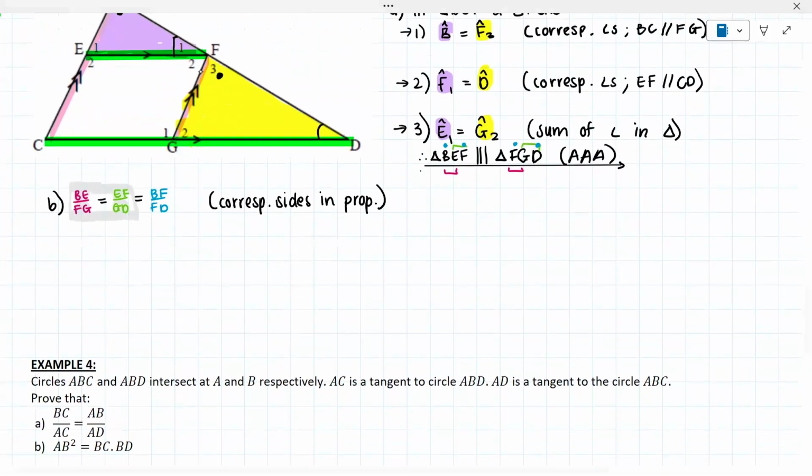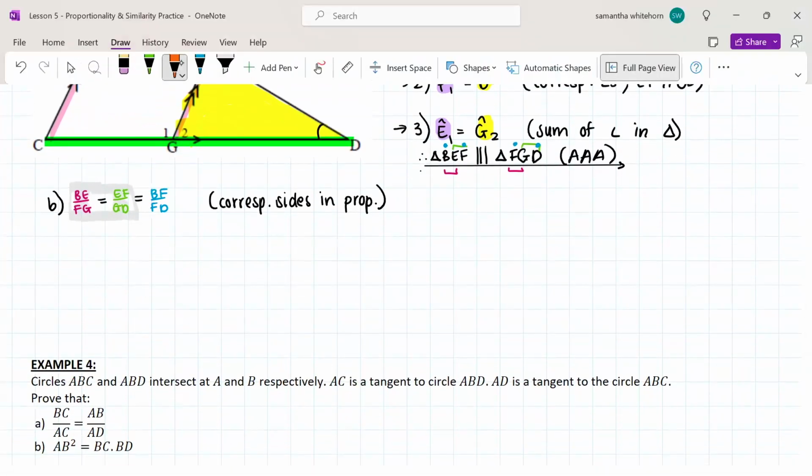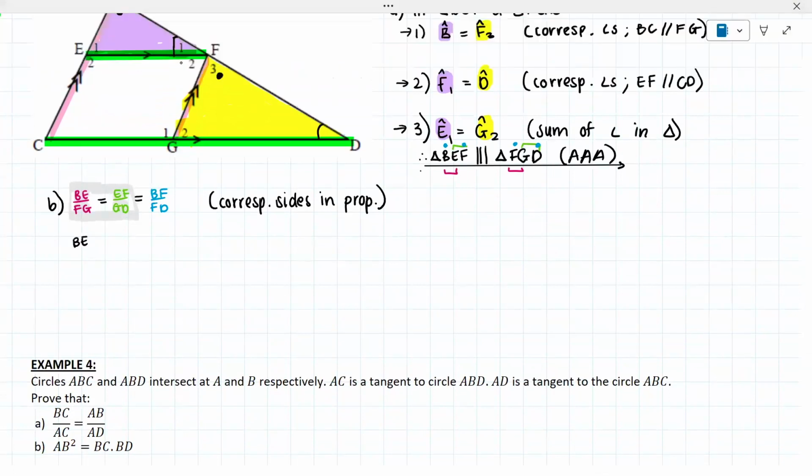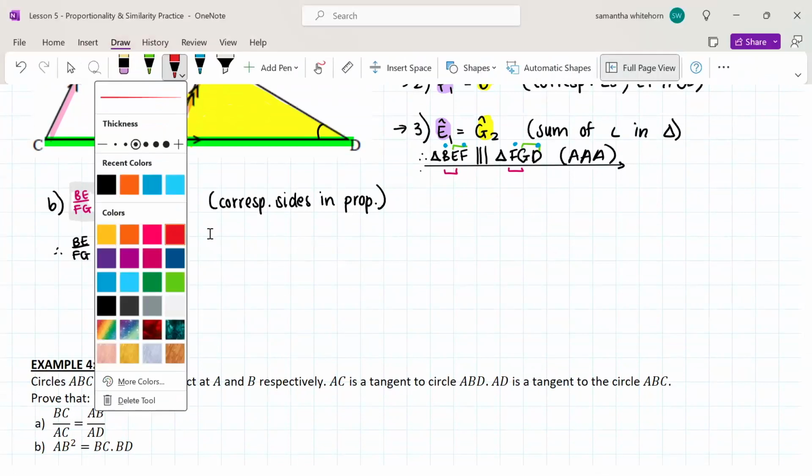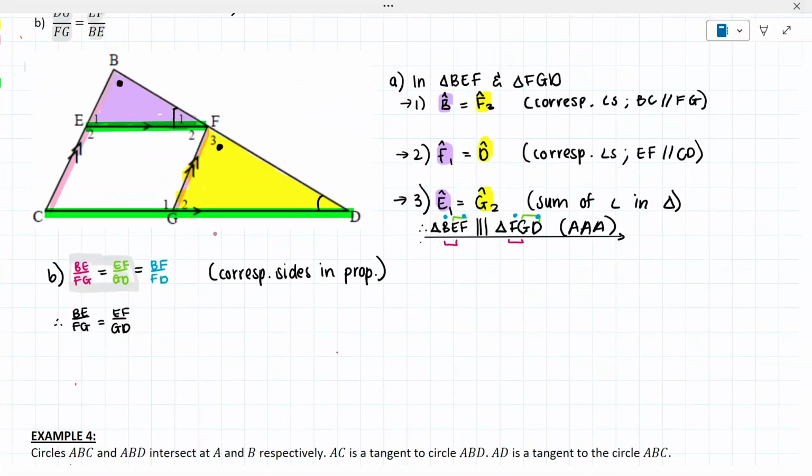That's going to allow me to answer this question. So I know that BE over FG is equal to EF over GD. Now, just remember what it is that we want, because this is slightly more complex than what we used to do. DG over FG is equal to EF over BE. This is what we want in this red block over here. So we just need to be careful.